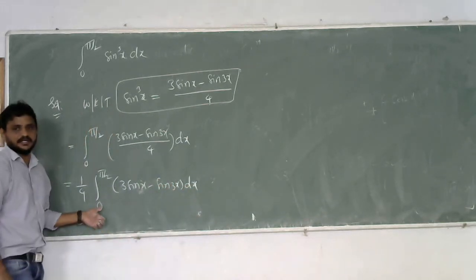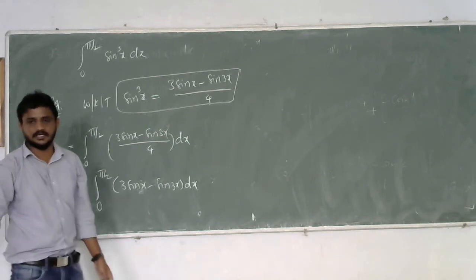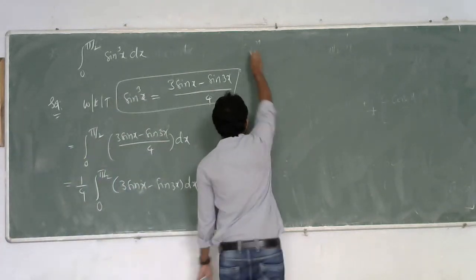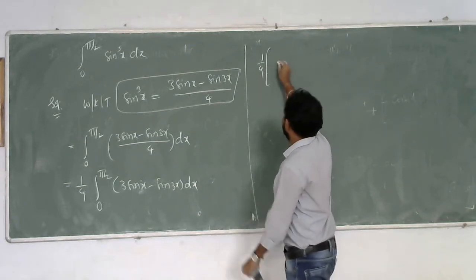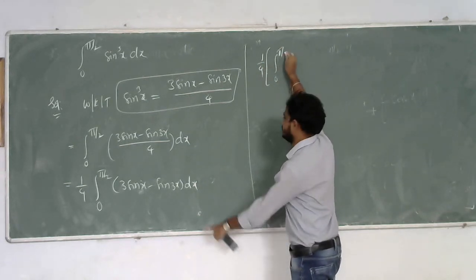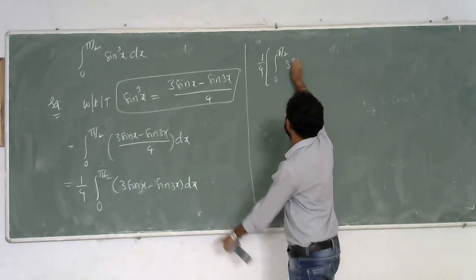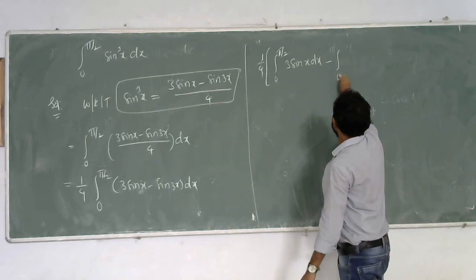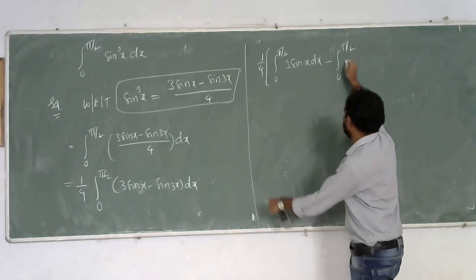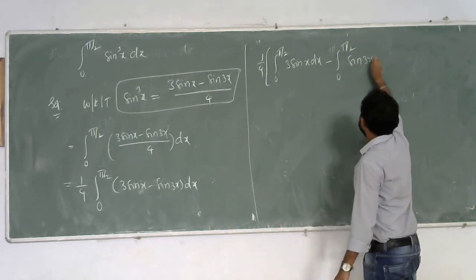Now let us apply integration for these two terms separately. Write 1 by 4, then integral 0 to pi by 2, first term is 3 sin x into dx minus second one, integral 0 to pi by 2, sin 3x into dx.